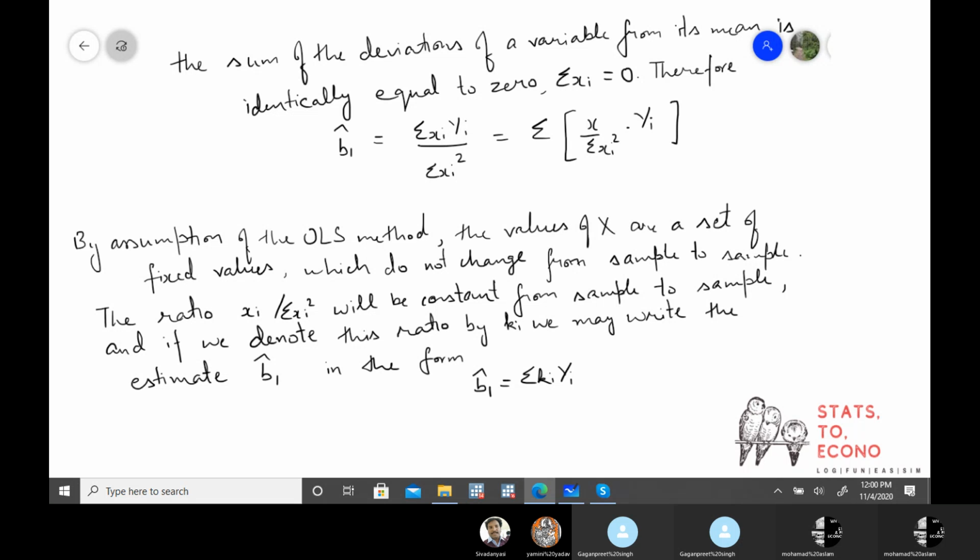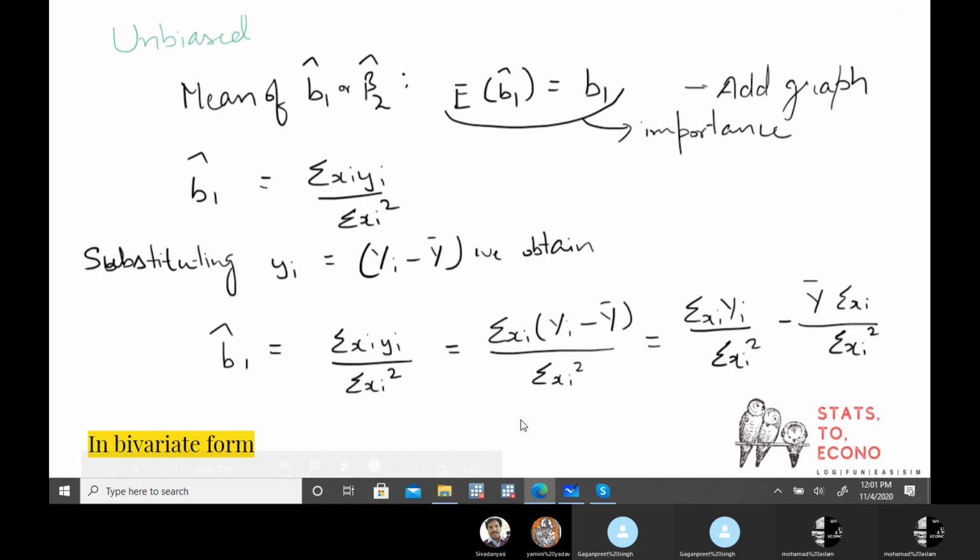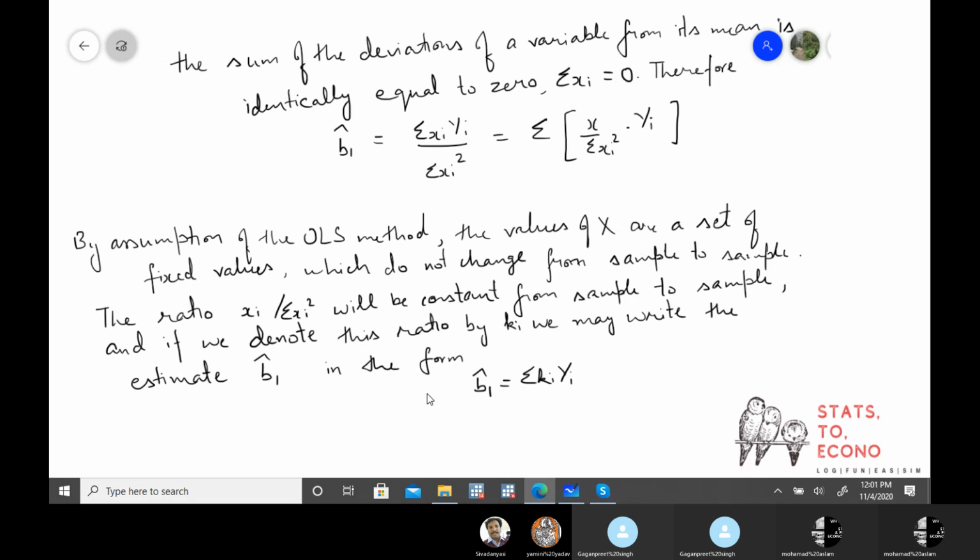Generally in statistics and mathematics, when we have to prove anything, we use tricks like summation or changing the notations, and the crucial part is that we use assumptions to prove a few steps. Here I'm using that summation xi is equal to 0, that's proved, and intentionally we have segregated this part. So these are the tricks.